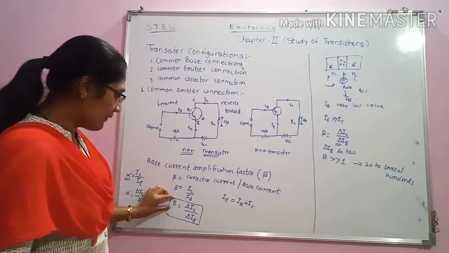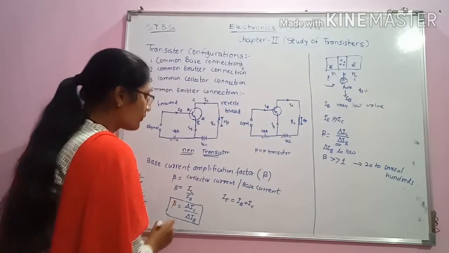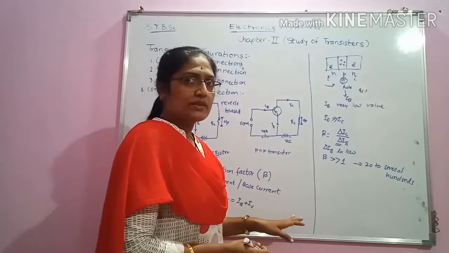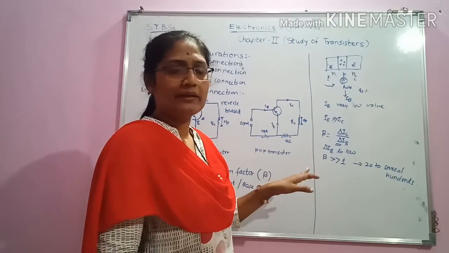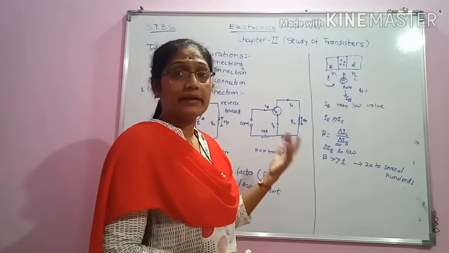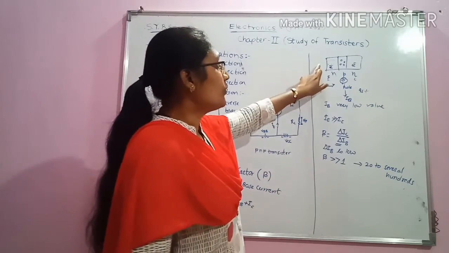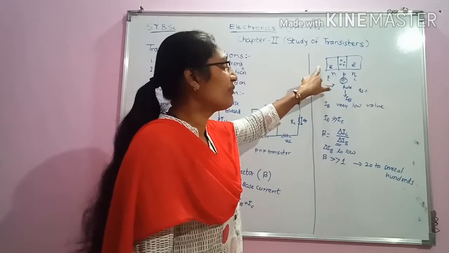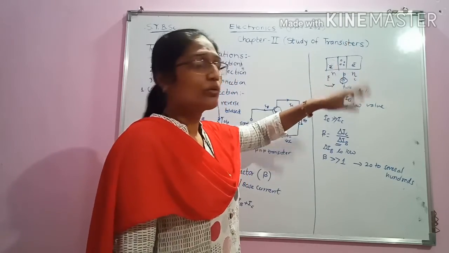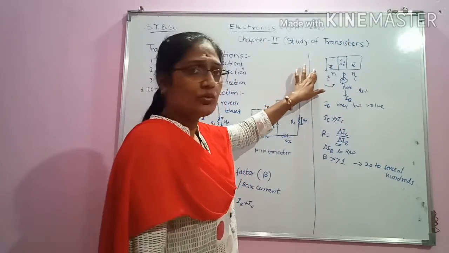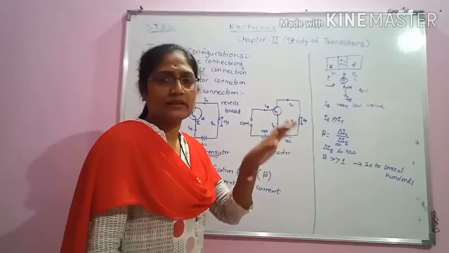Now, what will be the value of beta? To understand why it is greater than 1, we will see the construction of the NPN transistor. We have the emitter, base and collector.